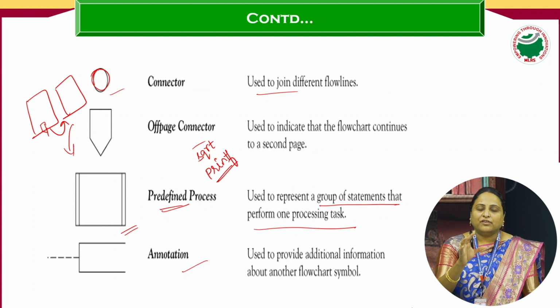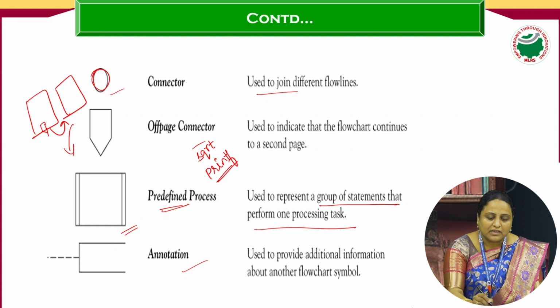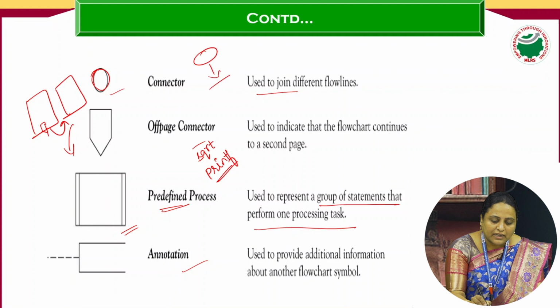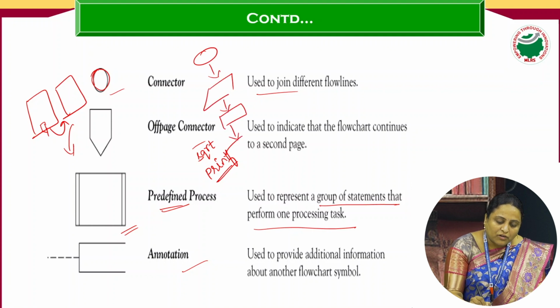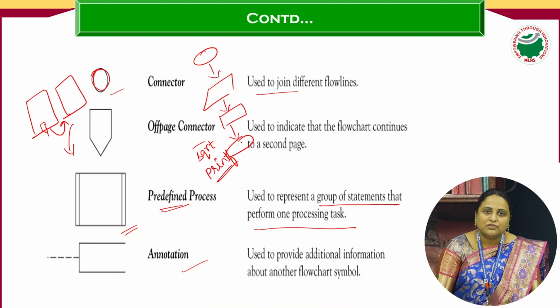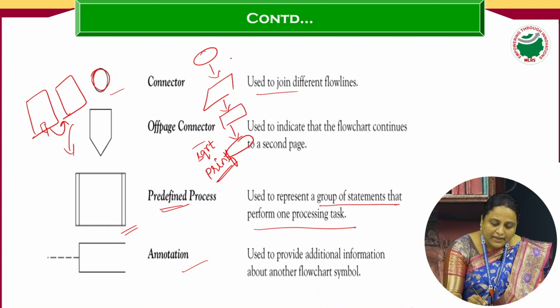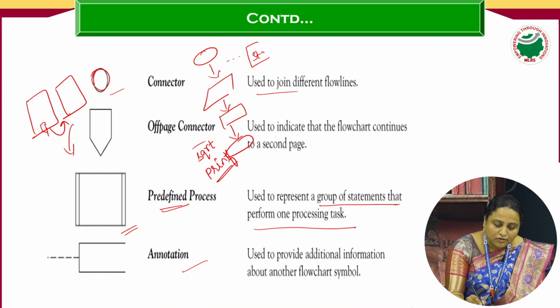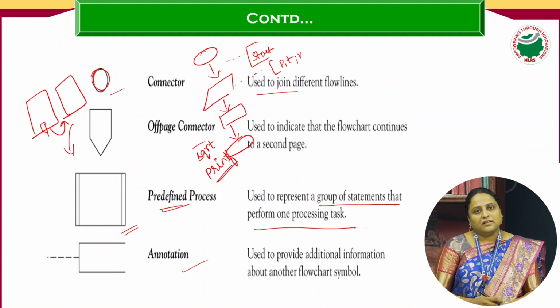For example, if I draw a flowchart using different symbols, but later maybe I forget how the process went on, so for that reason I can write some comments here. This symbol refers to start or stop, and this one refers to taking input variables like PTR. I can write comments like this so I can better understand.